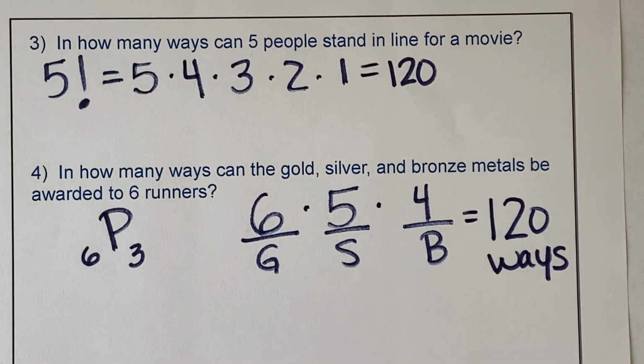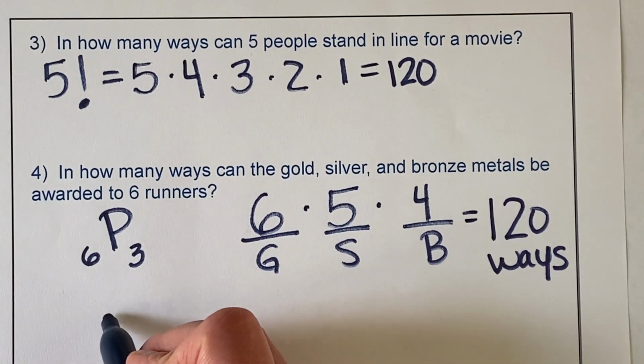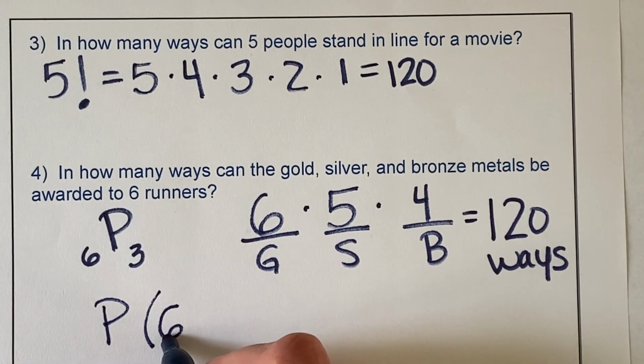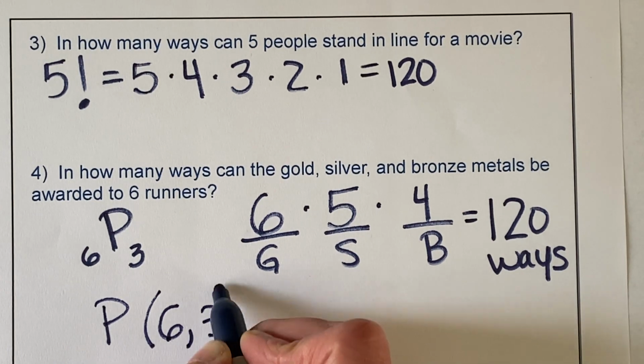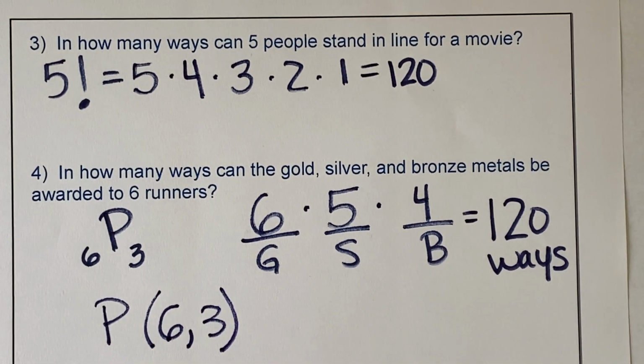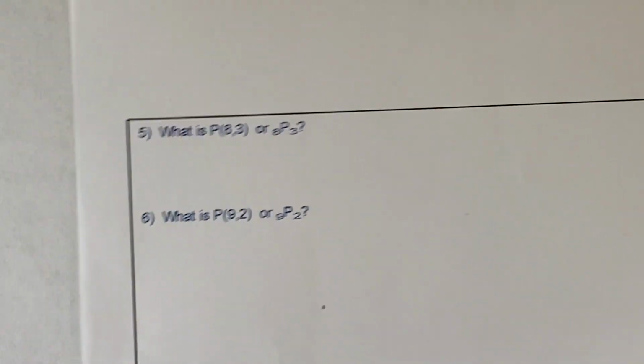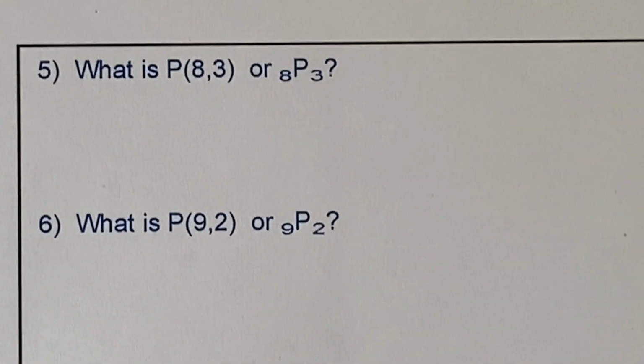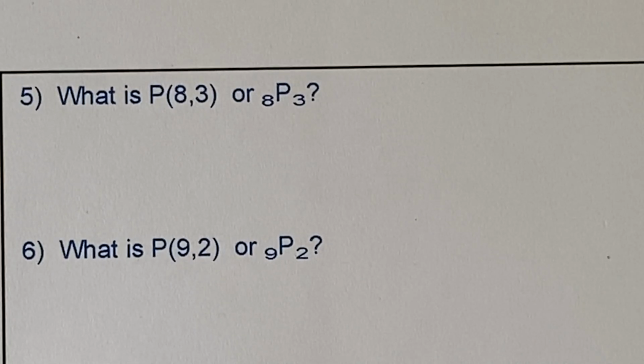Another way that they show this, by the way, is like this. Permutation, right? 6 kids to choose from. I'm choosing 3, and order matters. So I'm playing with different ways you're going to see this written.